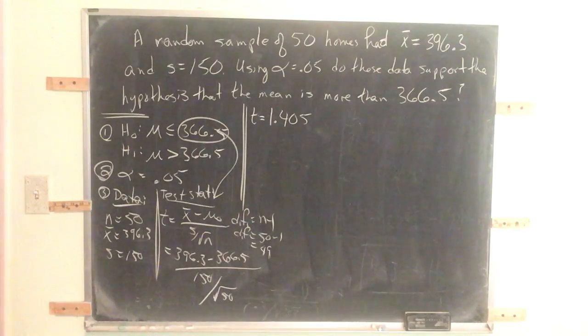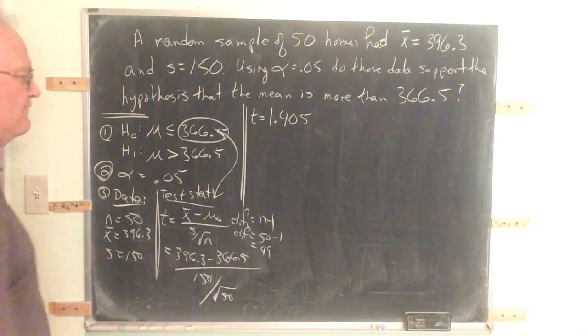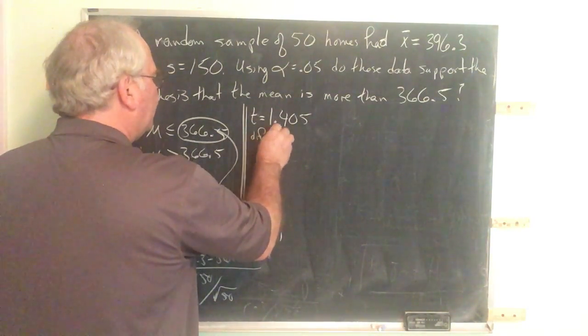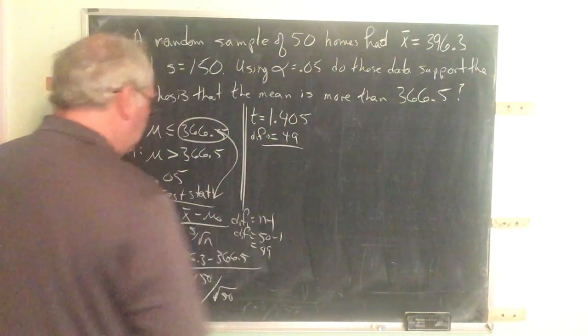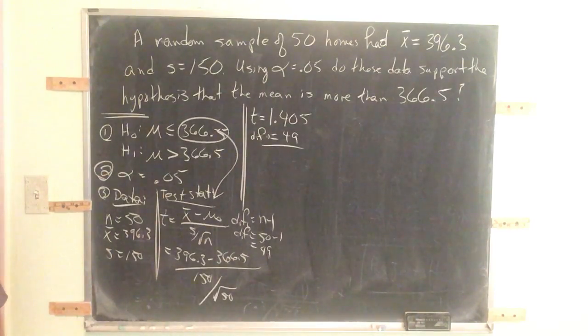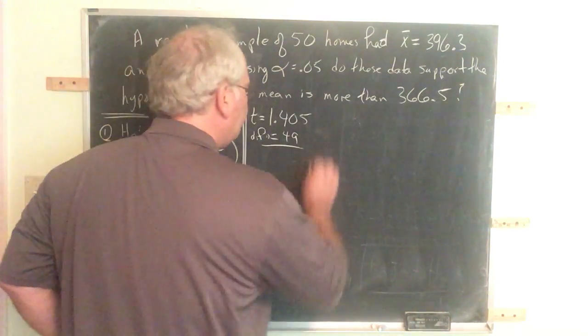I'm going to round that to the third decimal place, 1.405, and degrees of freedom are equal to 49. So that's my step 3. That's my test statistic. Where do I go now? Well, that's why you number them. After step 3, we have step 4.